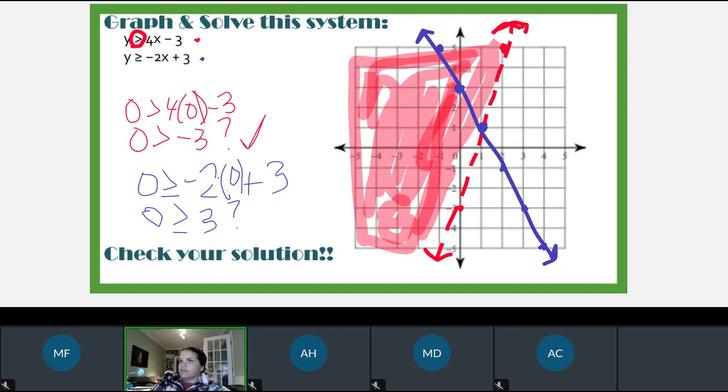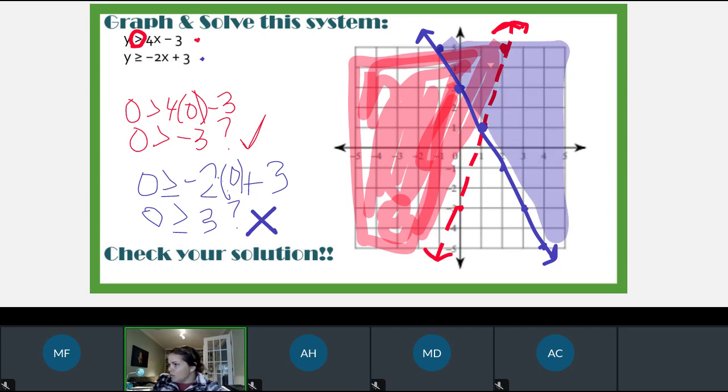What do you think? No, it's not, right? 0 is not greater than or equal to positive 3. So I'm going to shade the side of my blue line that does not contain 0, 0. 0, 0 would be right here at the origin, so I don't want to shade anywhere over here. I'm going to shade to the right of this line.